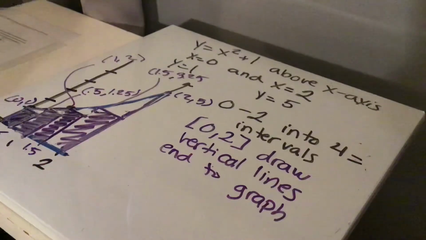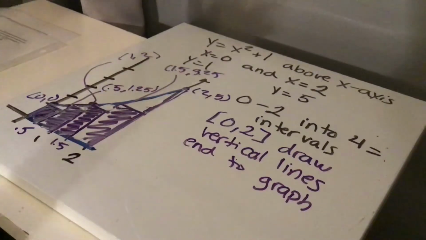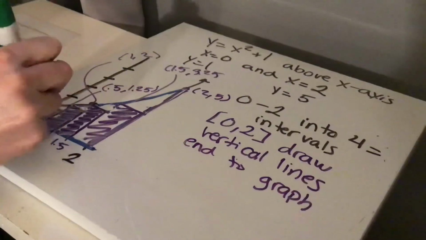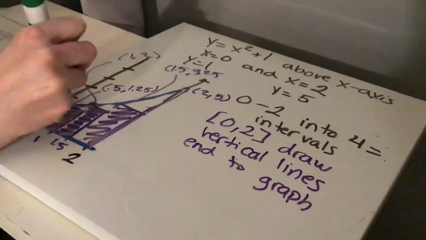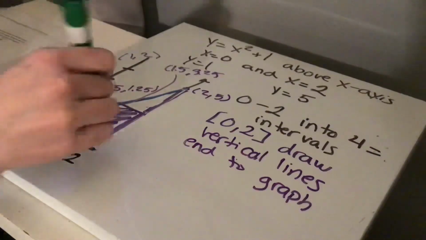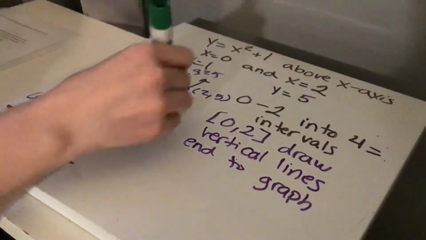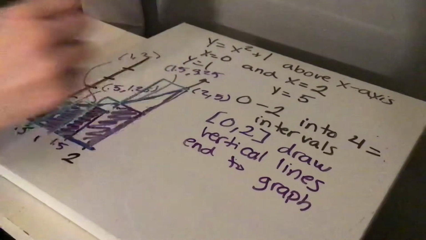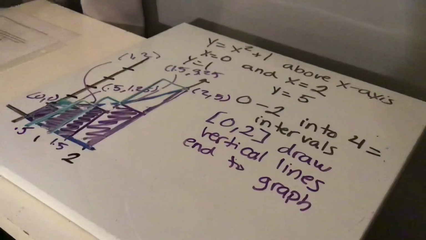If I were to go back, though, and draw my rectangles using the right-hand side as our height, okay, now the height here would come above my curve. Then if I go here, again, these are coming above the curve. So you have all this overlap that's extra when we draw the right-hand rectangles.